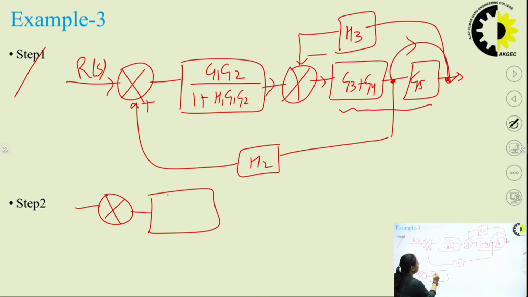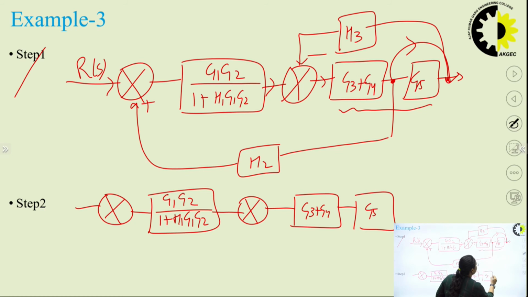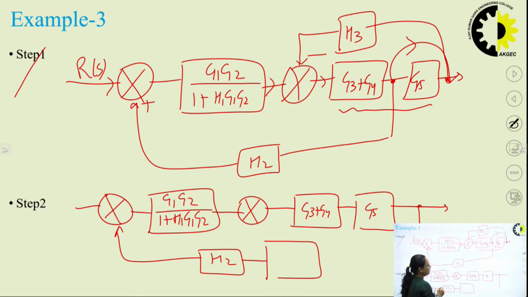The transfer function is G1 G2 upon 1 plus H1 G1 G2. Okay, and this is the summing point, and this is G3 plus G4, and this is G5. Okay, and the takeoff point is shifted here, so for H2 I'll connect another block in series with the transfer function 1 upon G5.